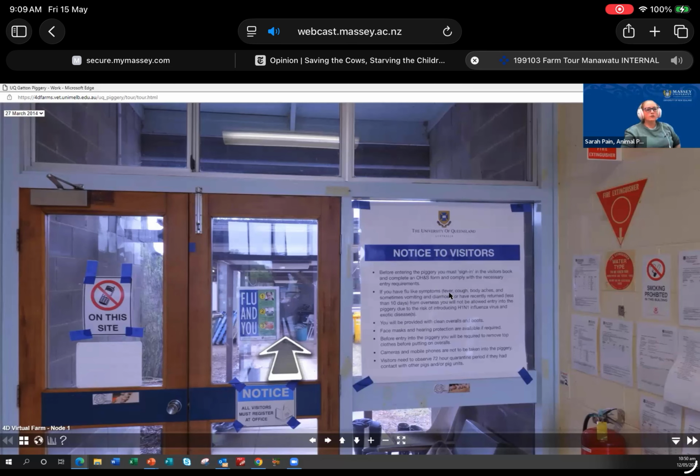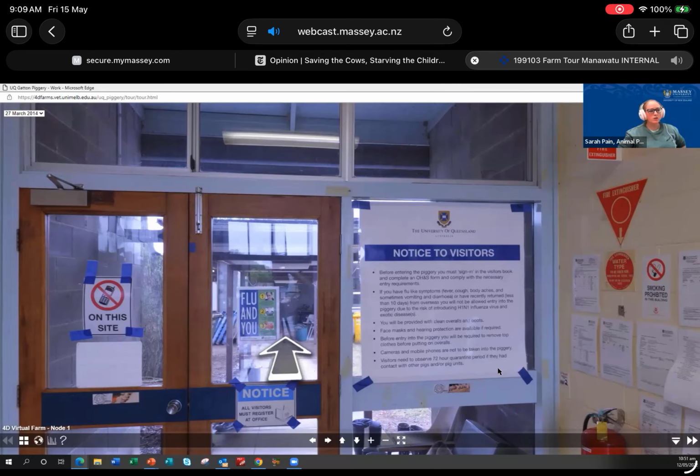So if you've got any flu-like symptoms, you're not allowed into the facility. Or if you have recently been overseas, you're also not allowed into the facility for at least 10 days, so that you don't potentially transfer flu or any other sort of exotic disease to the pigs.